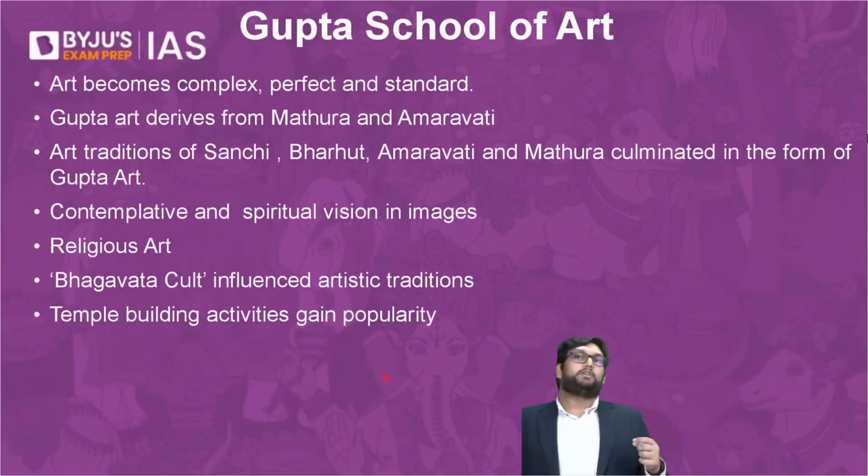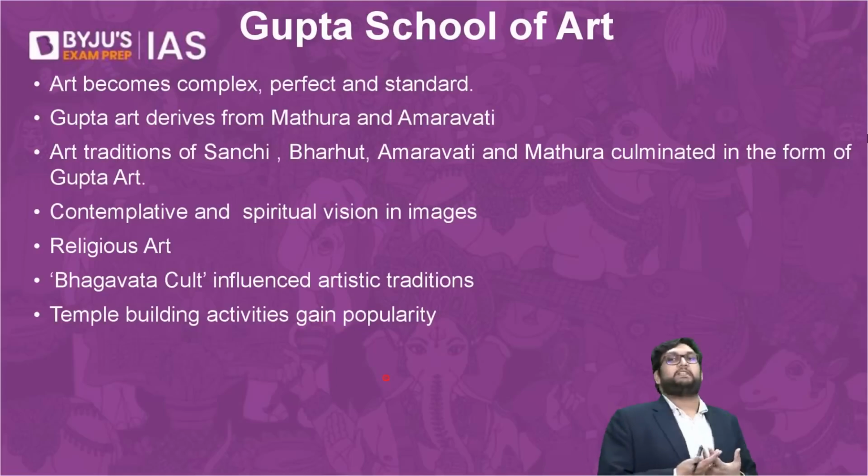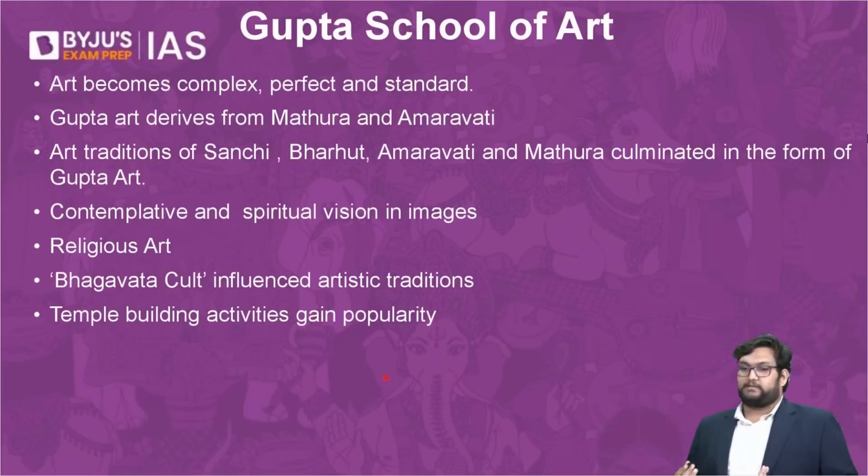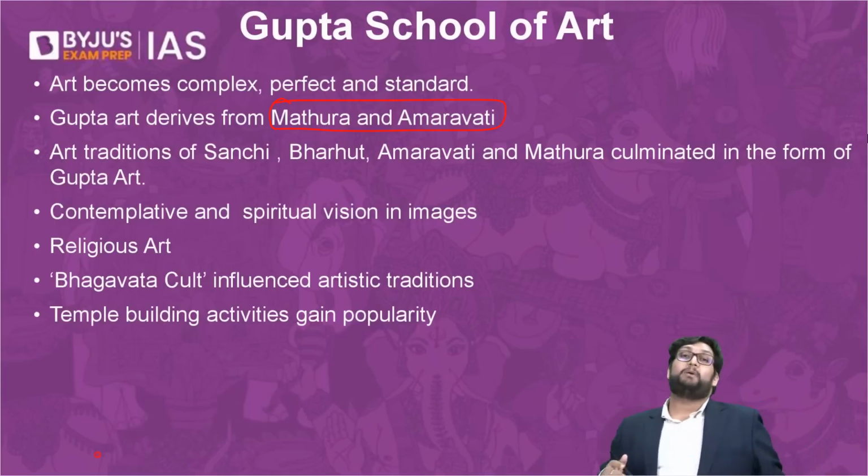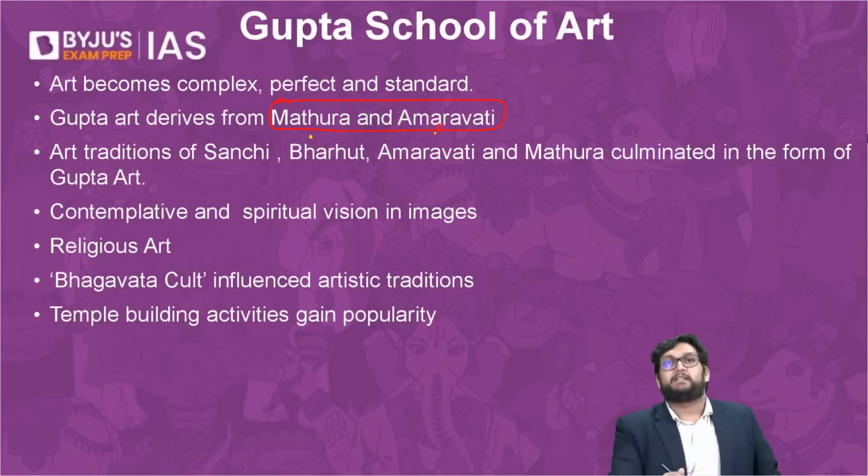And Gupta school was used very extensively in the temple architecture. So it brings Mathura and Amravati together, and this will explain to you why there is so much narrative sculpture in temples. Which is the influence, Mathura or Amravati? The narrative sculptures in the temples is because of Mathura or Amravati?